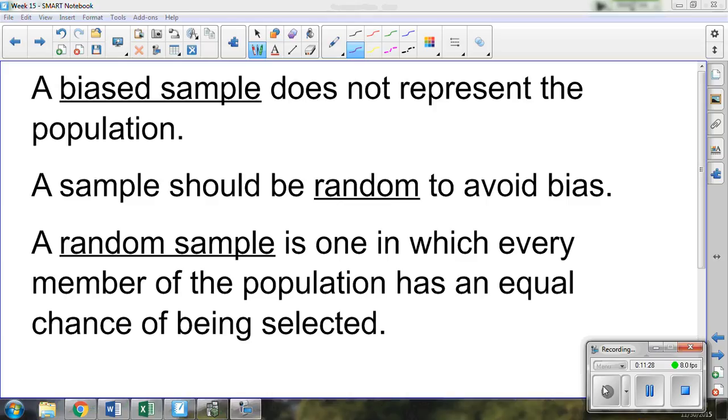As we saw, bias can be introduced in a number of ways. We saw that you could have a problem with validity, you can have a problem with reliability. If you're just using inaccurate tools, you could have bias. Basically, a biased sample doesn't represent the true population.